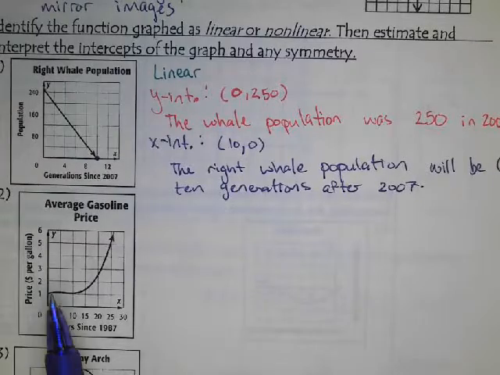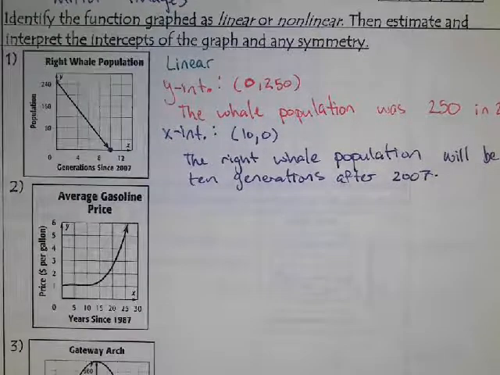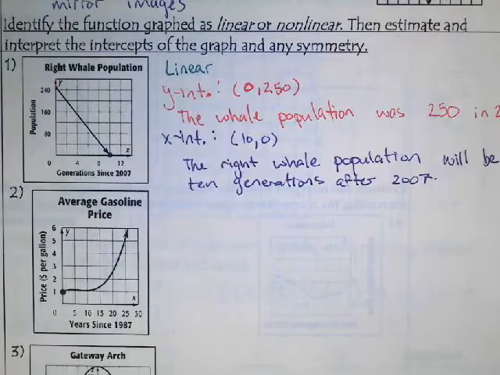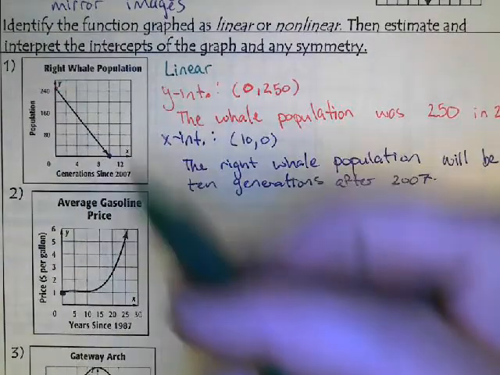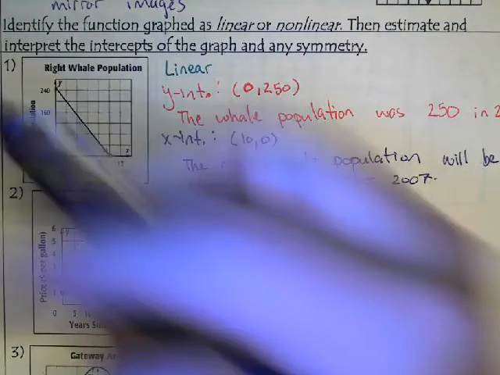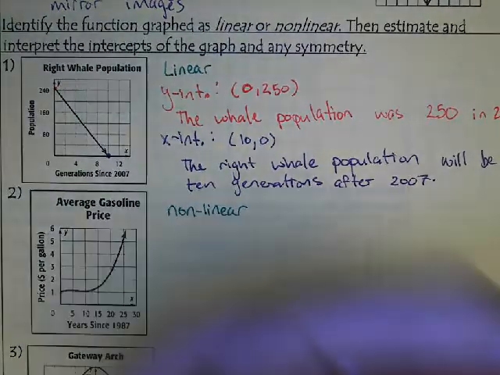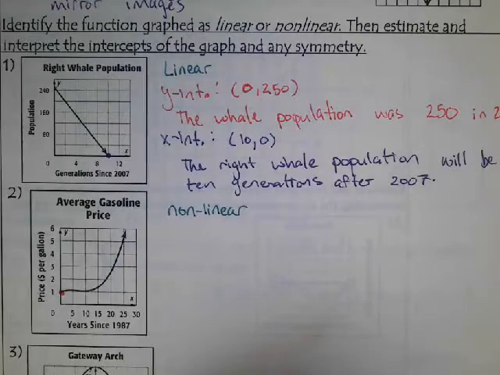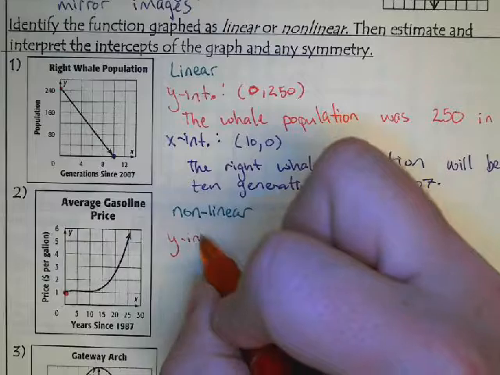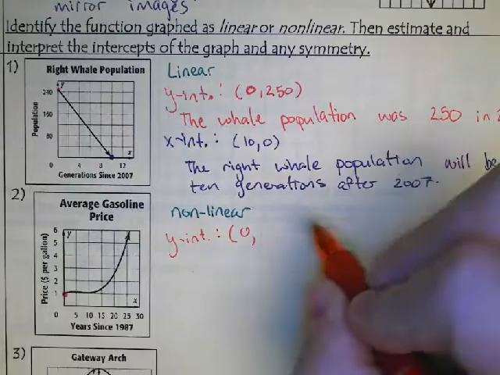So let's look at number 2. We have our y-intercept down here. This is nonlinear. It's a curve, so it's not a straight line, so it's going to be nonlinear. We can see our y-intercept right there, so years since 1987. So we'll say that our y-intercept is (0, 1), it looks like.